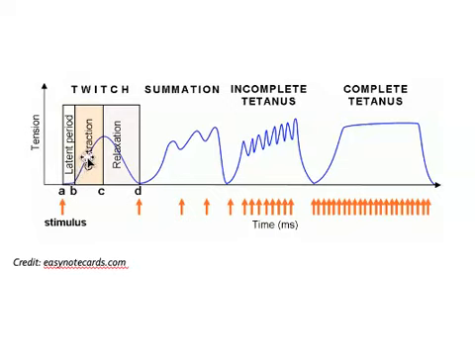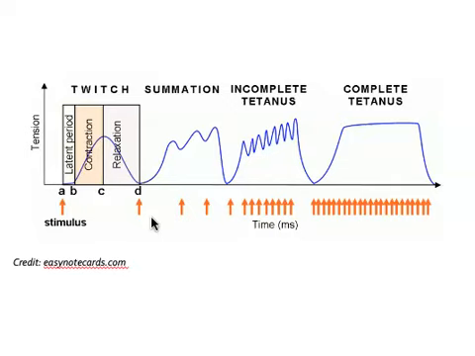The force goes up, up, up till we hit that maximum, because there will come a point where the sarcomeres are completely contracted. They're as short as they can get. And then the sarcomeres will relax. The end of contraction comes and relaxation comes.